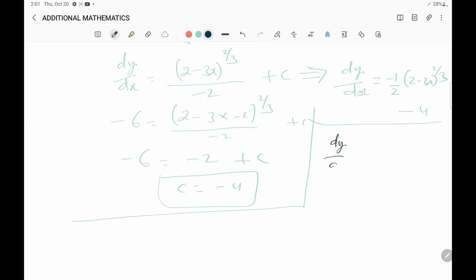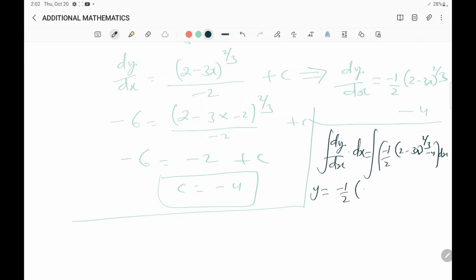So this is dy by dx, right? If you write dx here, minus half 2 minus 3x to the power 2 by 3 minus 4 dx, and if we integrate, then this will be your y.